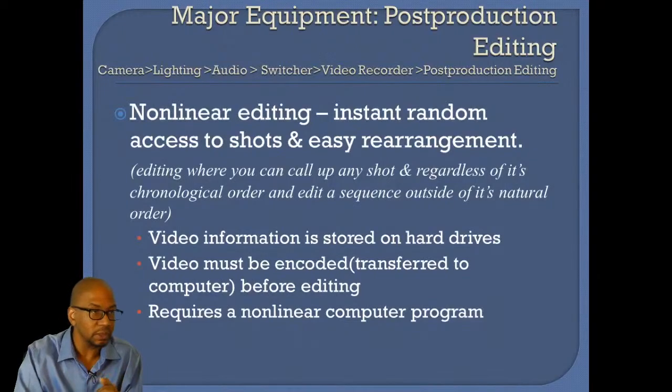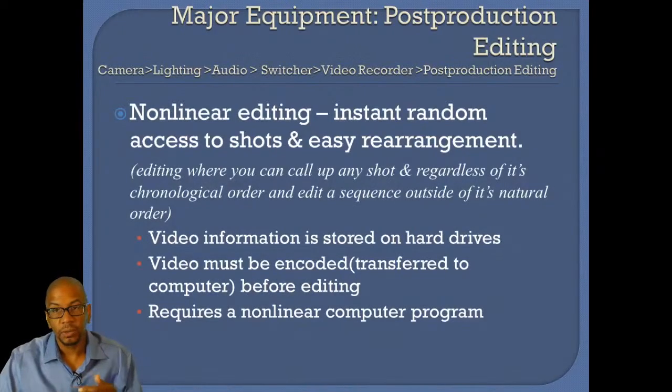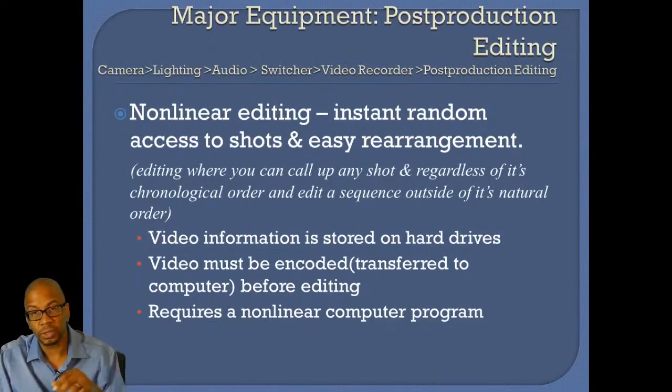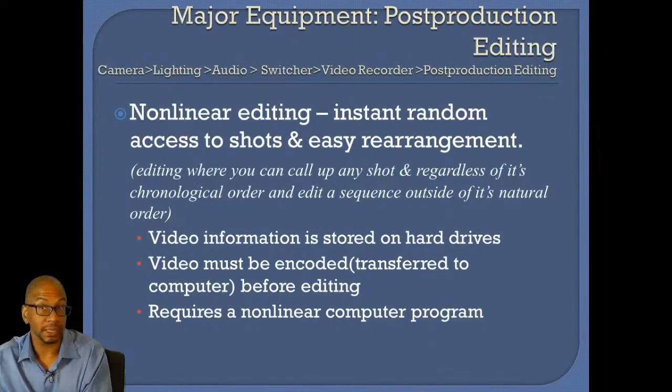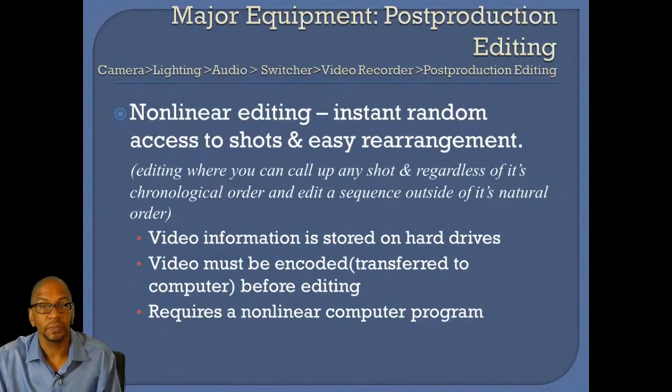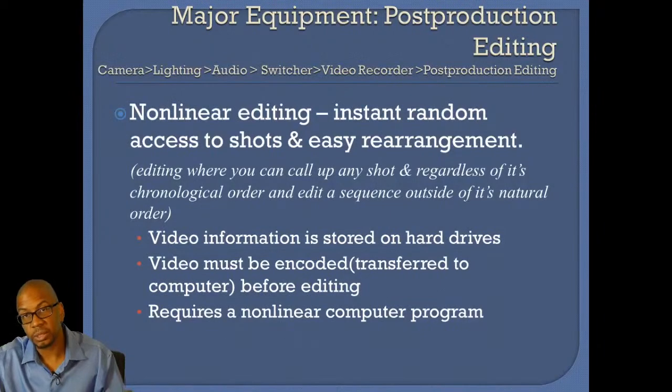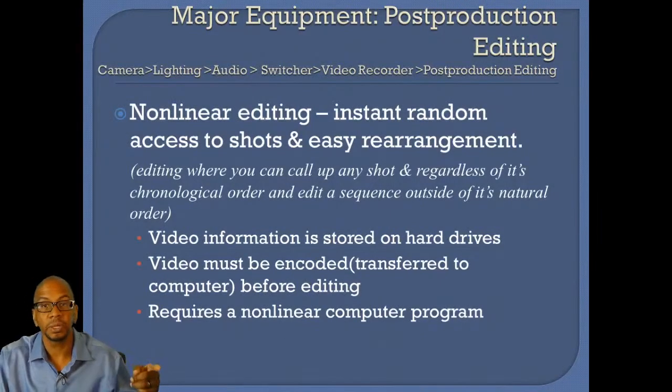Also, what that means is, with a tape-based system like linear, say you've got an hour's worth of footage and you picked a clip that occurs in minute 45, but the next clip you want to use occurs at minute 15, guess what? You have to rewind 30 minutes to get to that spot.